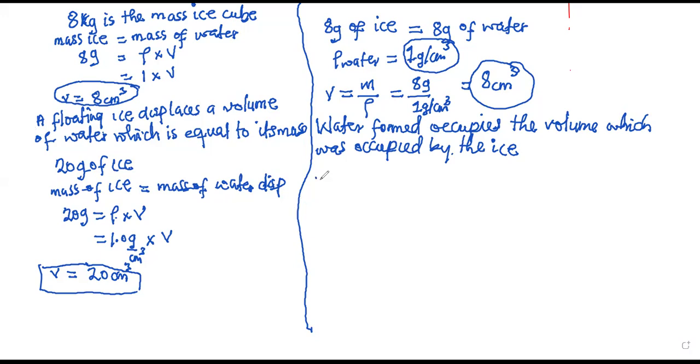Now, when I was marking, I gave some of you 3, I gave some of you 5, 4. This is because I saw statements like when the ice will displace volume of water which is equal to its weight. The volume of water displaced is not equal to its weight.